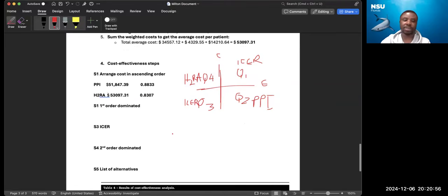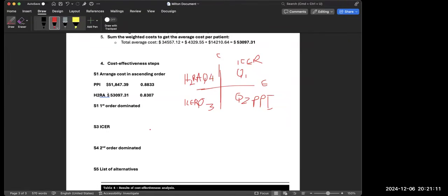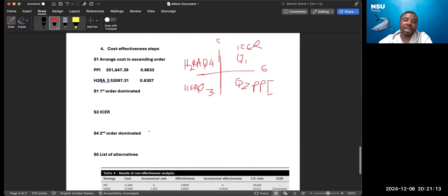Do we understand this basic concept? And do we know which quadrant is dominant, which quadrant is dominated, and in which quadrant we need to do the calculation for the ISA? Yes. Okay, yeah. So I've spoken about the ISA already.